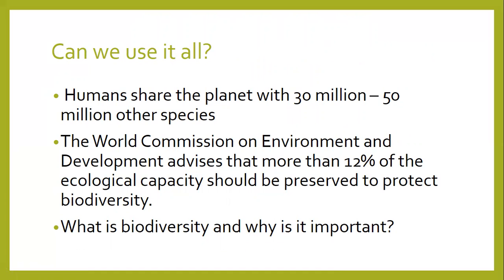Remember, humans can't use everything, so even if we divide all of the land up and divide by the amount of humans, we're really not getting a very good picture because we share the planet with 30 to 50 million other species, and we don't want those species to go extinct because biodiversity is so incredibly important. Sadly, it's one of those things where you never know how much you wanted it or how much it was worth until it's gone, and that's what happens with a lot of our species.